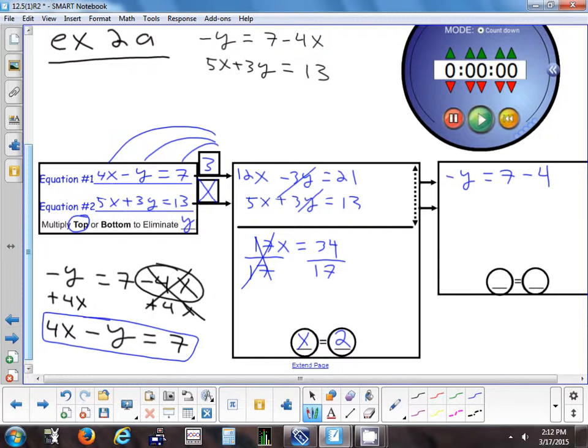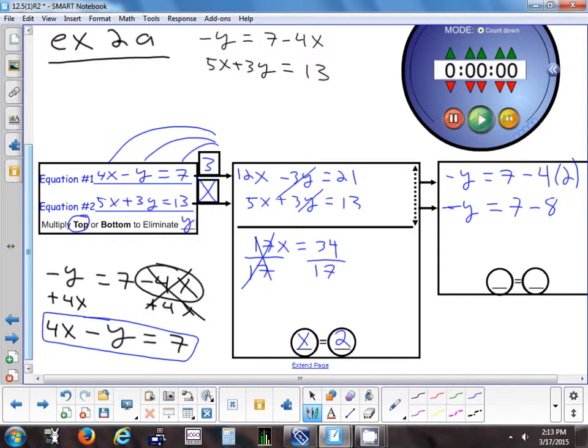It's not going to be 4 times x. Sam, what am I going to fill in for x? 2. Fill in 2 in place of x. Don't forget about this negative in front of the y. A lot of people forget about it and then they get it wrong. 4 times 2. Isaiah, how much is 4 times 2?